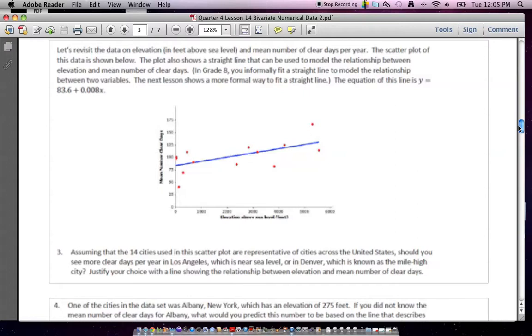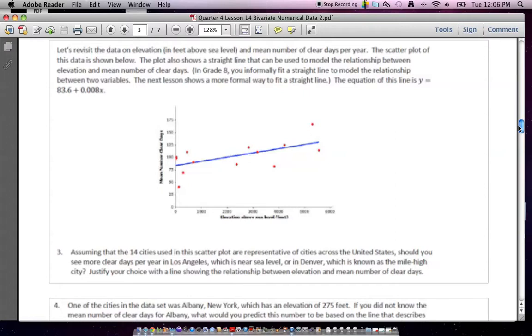One of the cities was Albany, New York, which has an elevation of 275 feet. If you didn't know the mean number of days for Albany, how could you predict this number based on the line that describes it? What you could do, x is the elevation in this formula. You see where it says the equation of the line is y equals 83.6 plus 0.008x? So x is the elevation. In this case, x is 275.